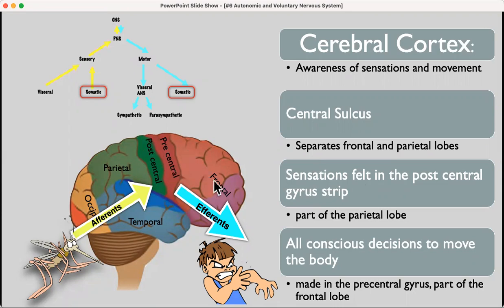The precentral is part of the frontal lobe, and the postcentral is part of the parietal. So things you're feeling, things that are coming at you, and what you're doing about it, efferents. So all conscious decisions are made in the cerebral cortex and made in that precentral gyrus, part of the frontal lobe.